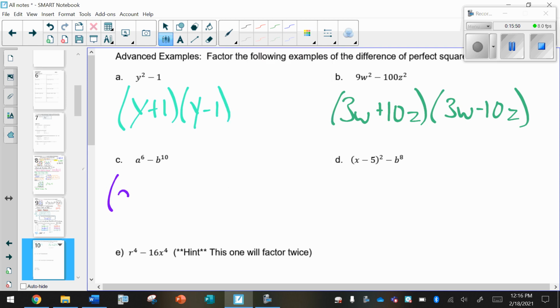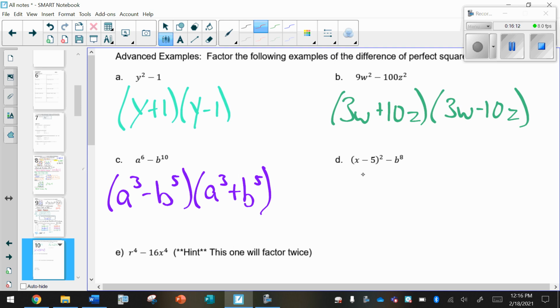And then this would be a to the third minus b to the fifth, and then a to the third plus b to the fifth. Now I wrote the minus first just to show you that it doesn't matter which order you put it in. All of my other examples I did the plus first and the minus second. That's just the habit that I've gotten into by doing these for years and years.